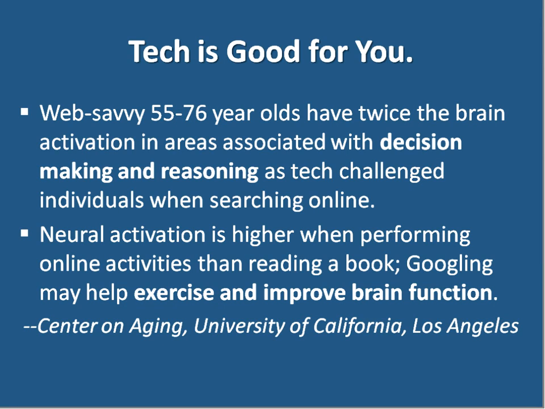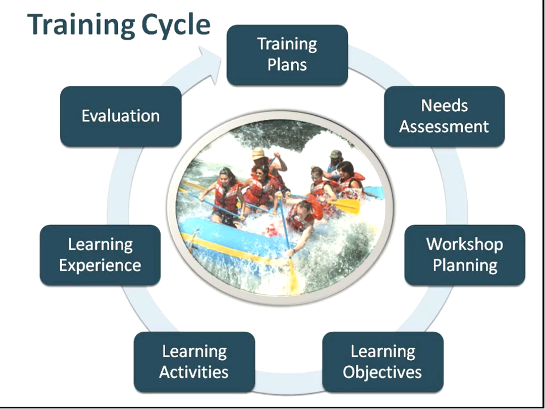And when you're Googling, when you're online, your neural activation is higher than when reading a book. So being online, and everything that we're learning and doing while we're doing that, might be like exercise for our brain. That made me feel a little bit better about all the time that I end up spending online.